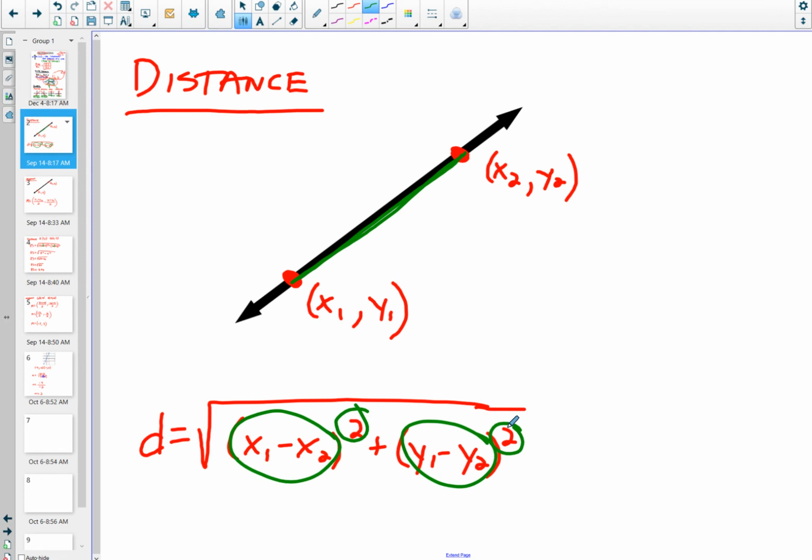Why? Because what's a positive times a positive? Positive. But what's a negative times a negative? Any real number times itself is positive. Then you add, and finally at the end you take the square root. I can maybe get to an example of that before we go.